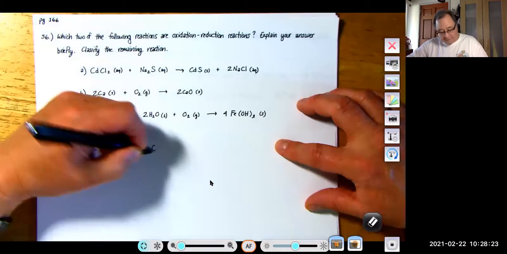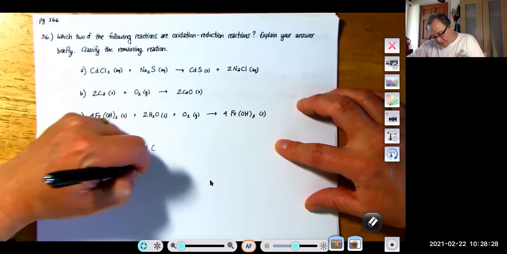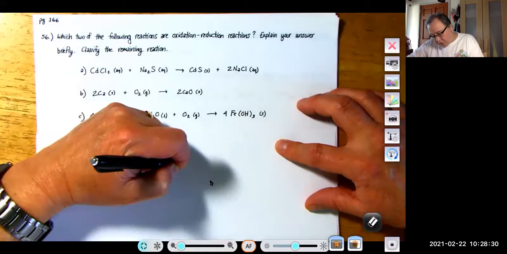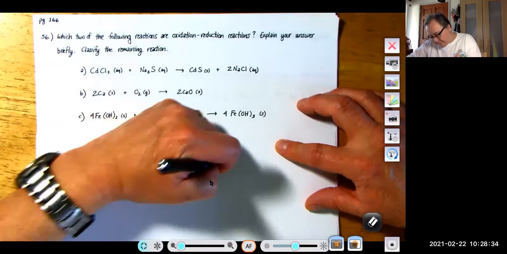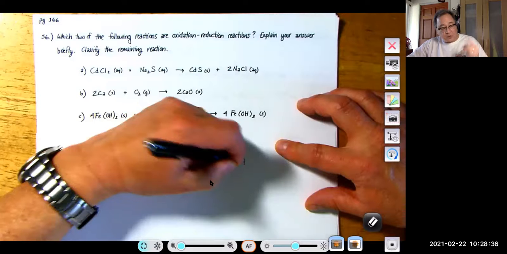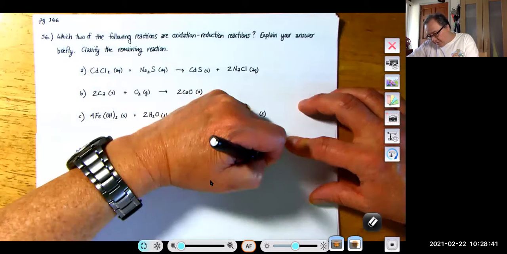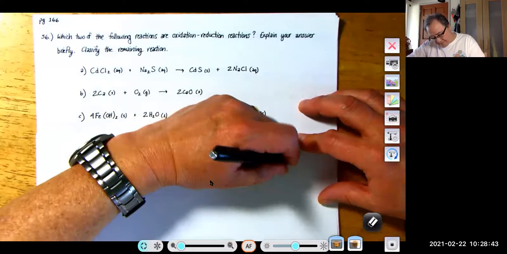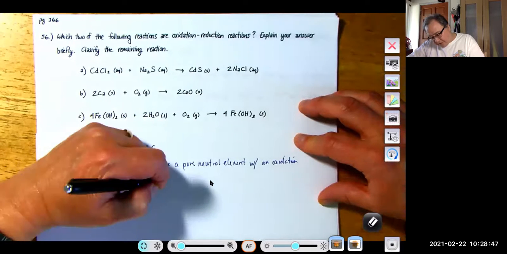The explanation: both involve a pure neutral element with an oxidation number of 0.